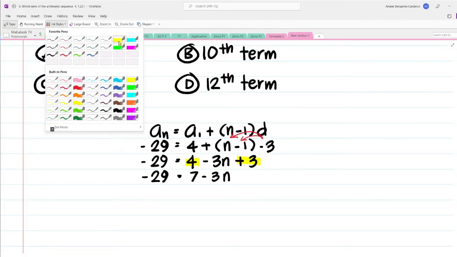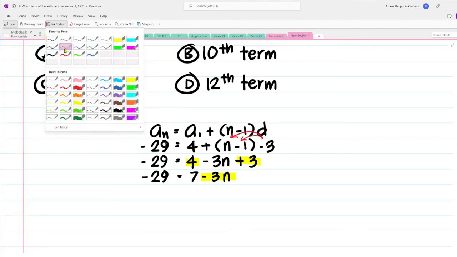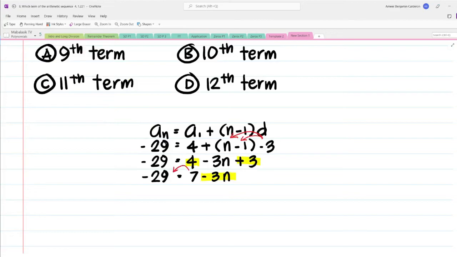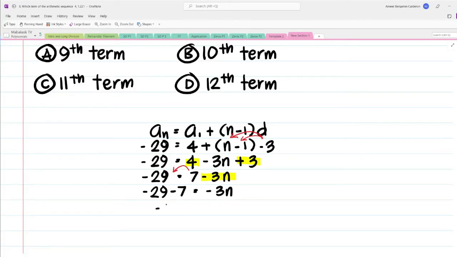Since we are solving for n, the term that contains n should be isolated on one side. So, we will have to transpose 7 to the other side. So, negative 29 minus 7, because that is from a positive, is equal to negative 3n. So, negative 36 is equal to negative 3n.